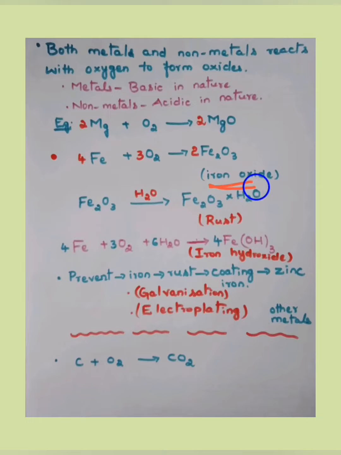This iron oxide reacts with moisture or air to form rust, that is, iron hydroxide. To express that in a single equation, combining these two balanced reactions, we write: iron reacts with oxygen and moisture or air to form iron hydroxide, which is nothing but rust.